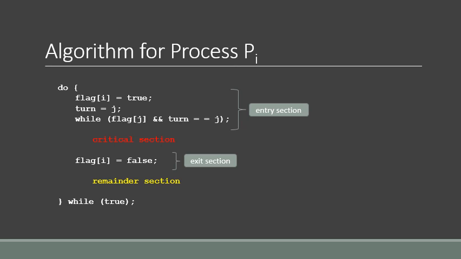The rest of the process code is known as remainder section. Remainder section can be executed by the cooperating processes without any concurrency issues.